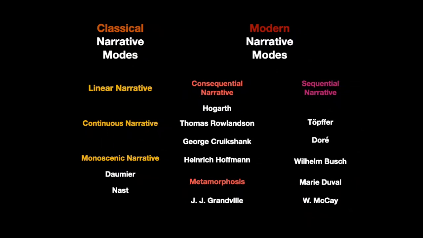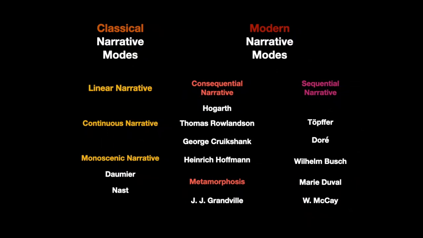And the artists we've talked about who do that monoscenic narrative are Daumier, the caricaturist, and Thomas Nast, we were just looking at. Both of those guys, caricature is very often this monoscenic narrative. One picture tells the whole story. Then we get back to Hogarth and his consequential narrative. It's different than linear narrative because now you actually have a cause and effect, a linking action that connects all the pictures.